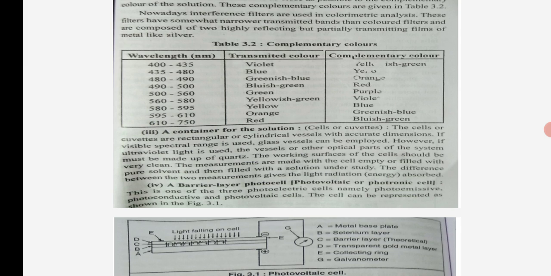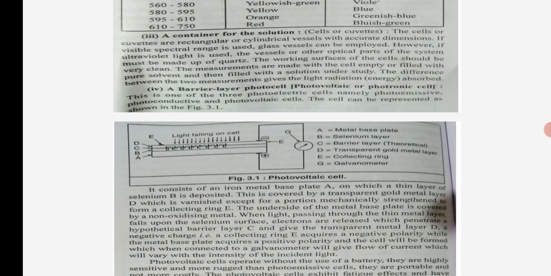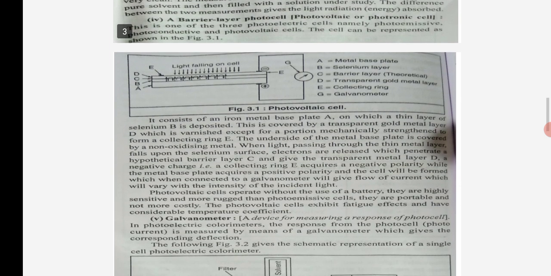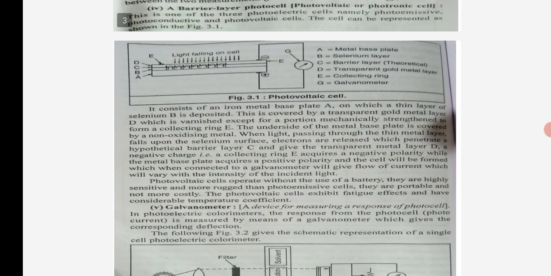Next, the fourth part: a barrier layer photocell, that is a photovoltaic or photoelectronic cell. This is one of three photoelectronic cells, namely photoemissive, photoconductive, and photovoltaic cells.